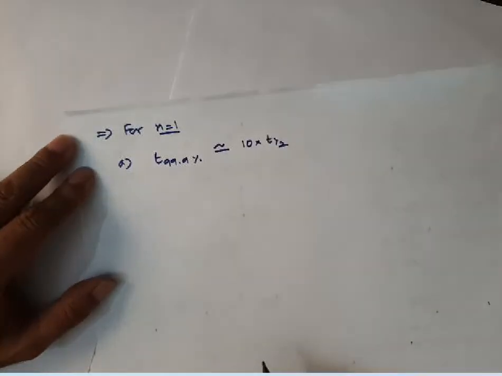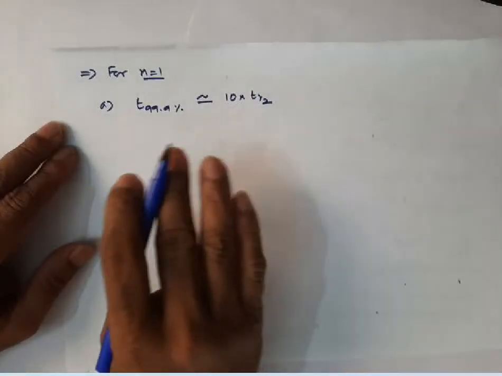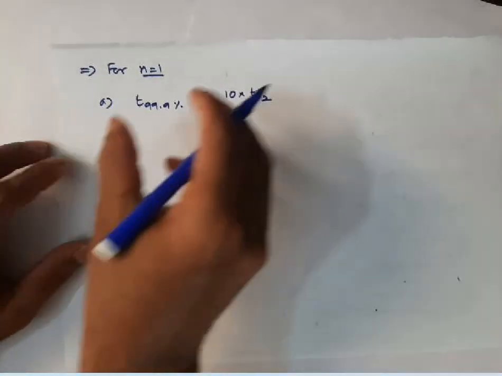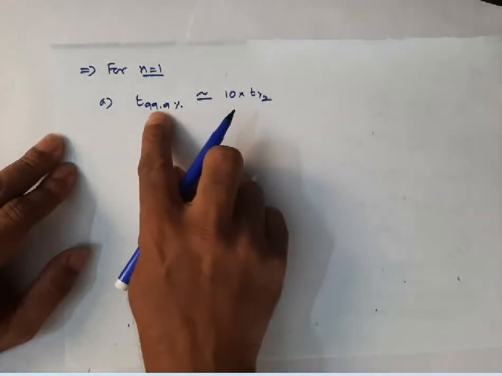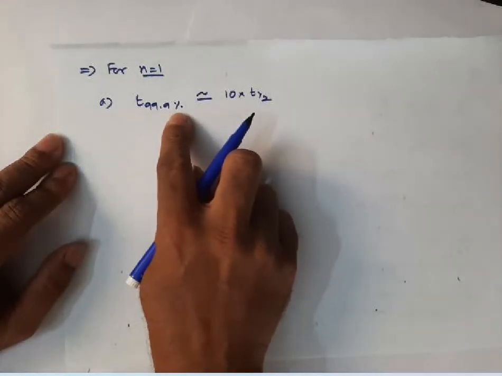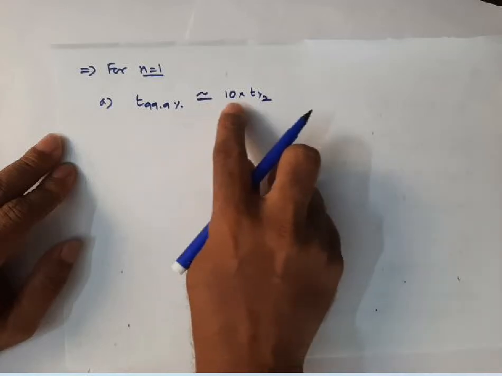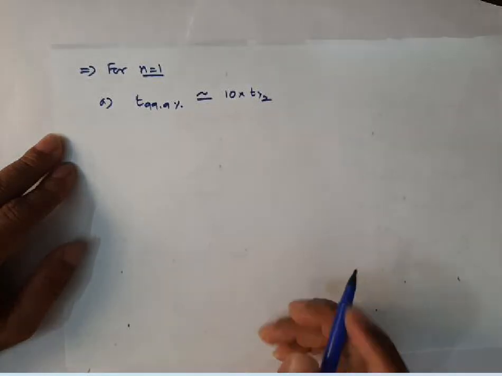So first important relation, keep this in mind. I'm not going to prove all these things. These are all well known, so keep this in mind. Time taken for 99.9% completion of a reaction is roughly 10 times the half-life period of the reaction.